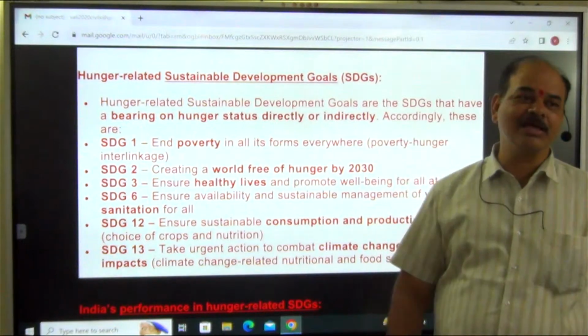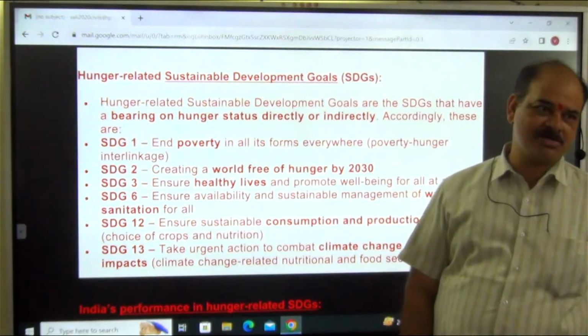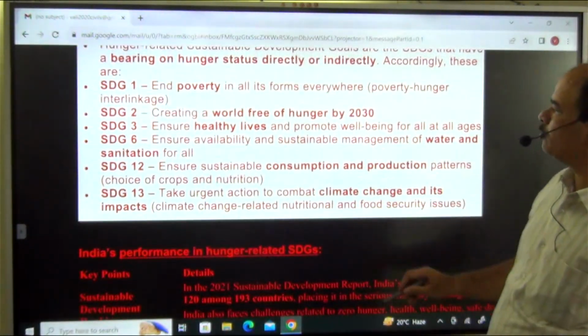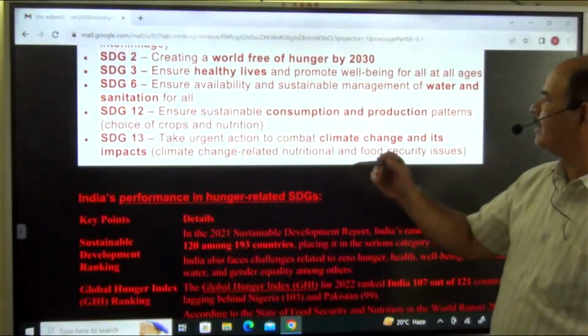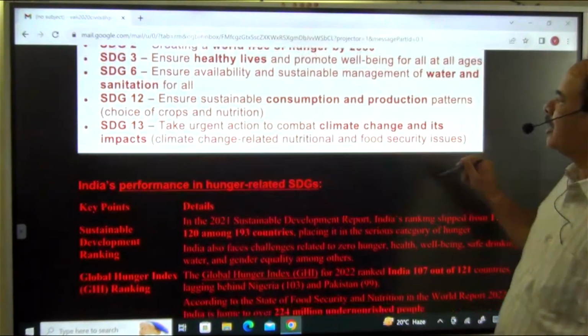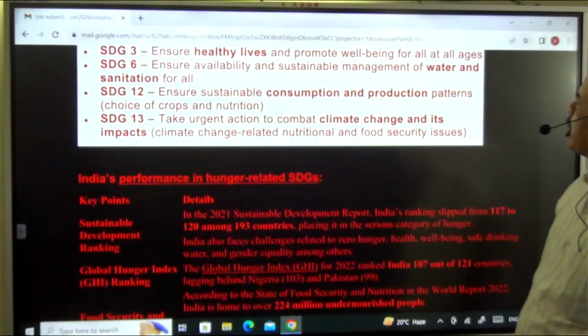As it guarantees employment, they will automatically get money to meet their minimum requirements. SDG 2, creating a world free of hunger by 2030. SDG 3, ensure healthy lives and promote well-being. SDG 6, water and sanitation for all. And SDG 12, ensure sustainable consumption and production patterns.